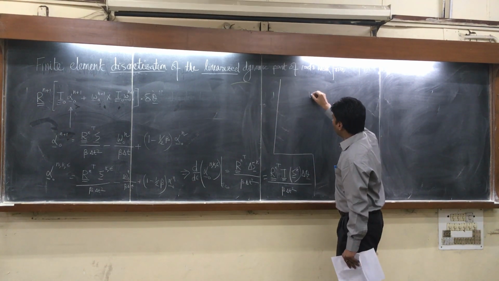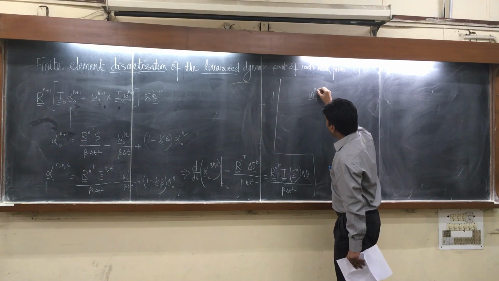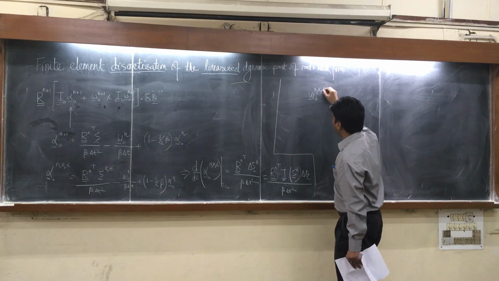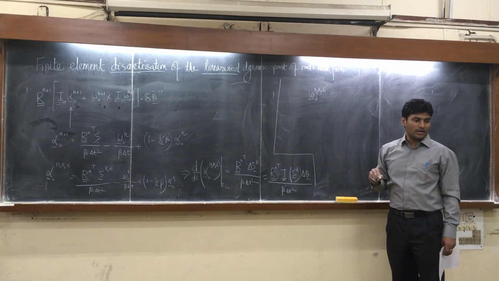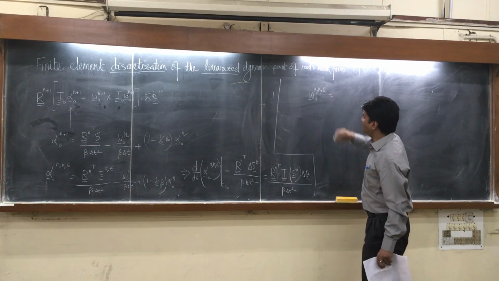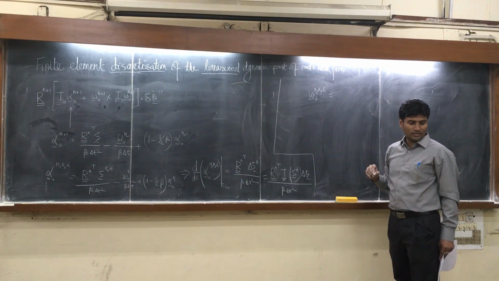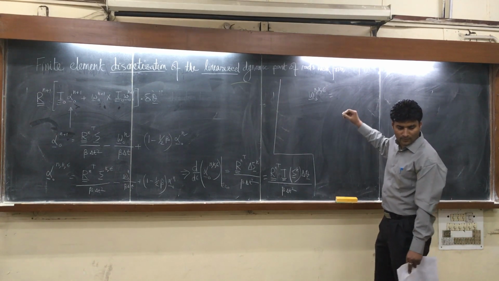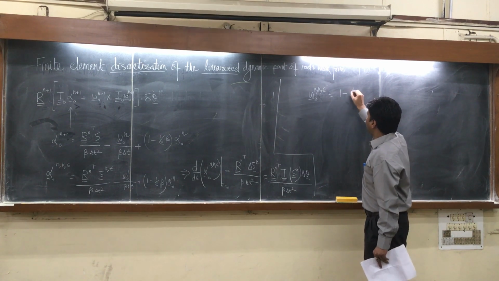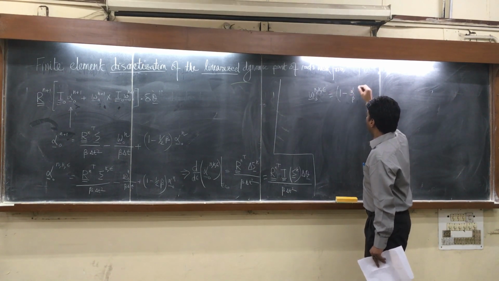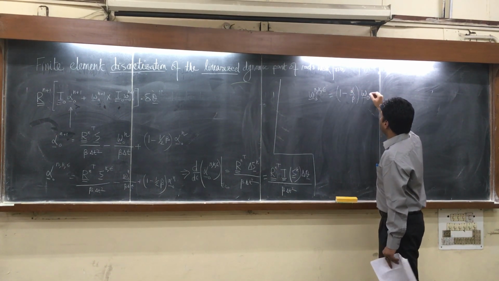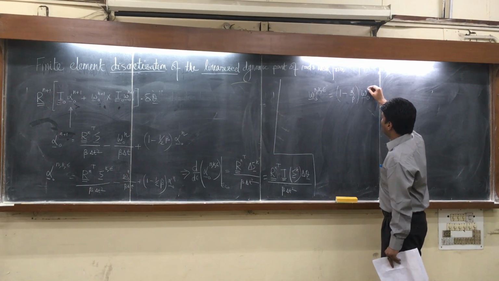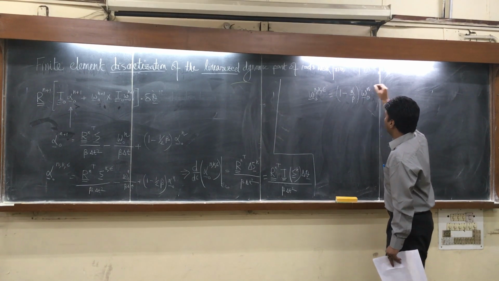So we will have to look at omega naught of n comma k comma epsilon. Right? So that's equal to, can someone tell me what is that? One minus alpha by beta omega naught, plus alpha by beta, is this omega naught of n? Okay.